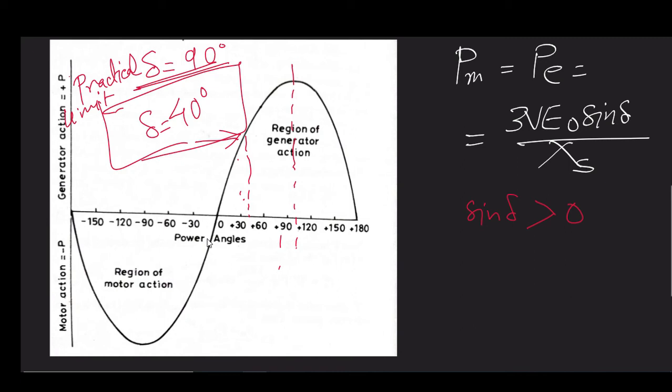It is because 0 is something where your E naught and V become collinear phasors, and then we are trying to draw a conclusion, where it starts from one end and then goes to, yes, okay. Now let me explain why it is 0 to 180 and not 0 to 360.